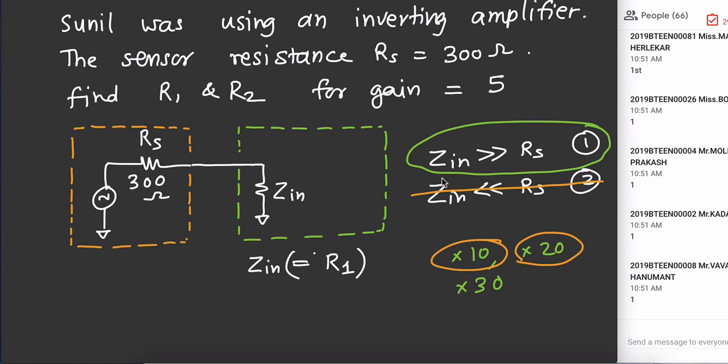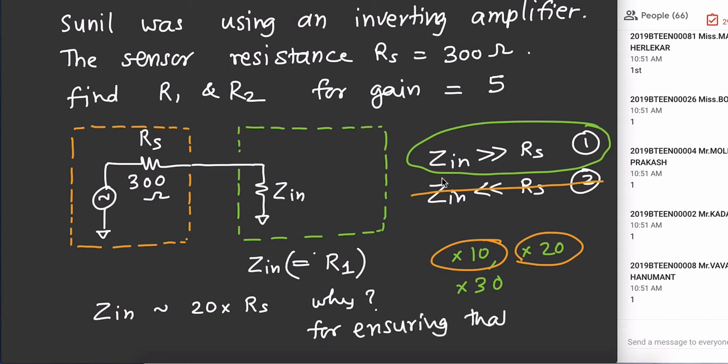Suppose we choose Zin as 20 times Rs. Why? For ensuring that there is no or very little loading.